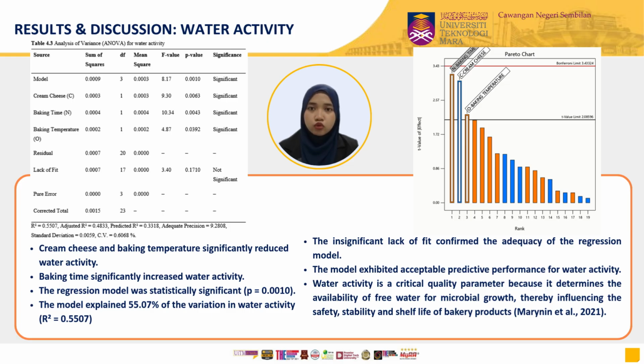Although the R-squared value was lower than that of loaf volume, the lack of fit was not significant, confirming that the regression model adequately fitted the experimental data. Furthermore, the model exhibited acceptable predictive performance for screening water activity. Three parameters were identified as significant. Cream cheese and baking temperature showed significant negative effects, whereas baking time showed a significant positive effect on water activity.